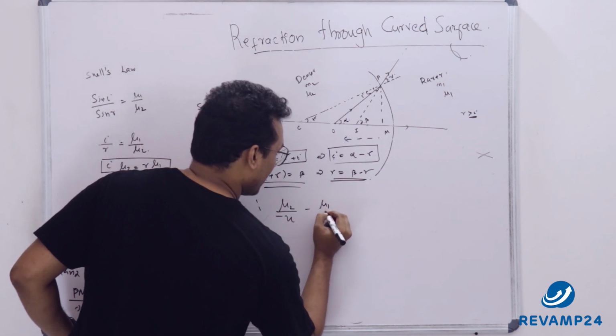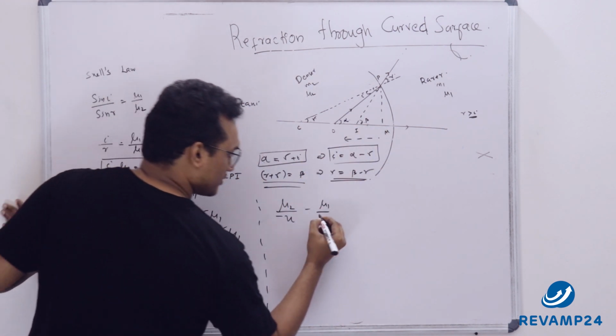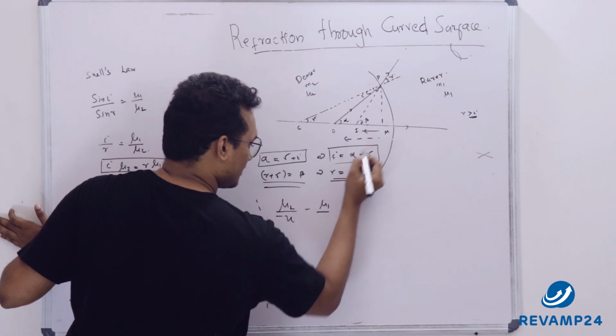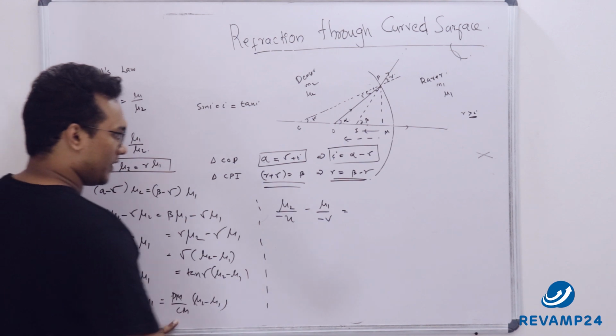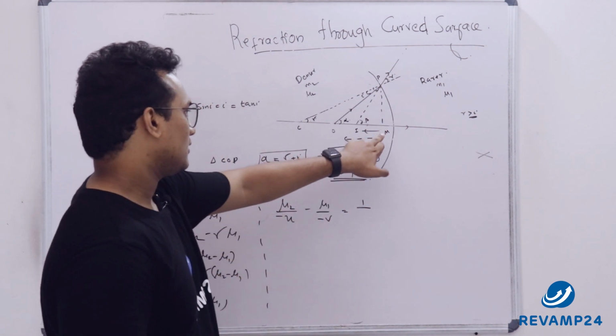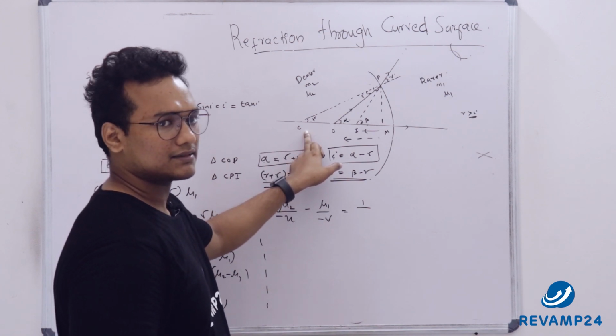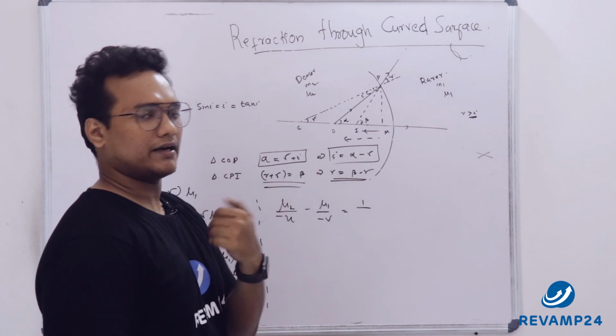Minus mu 1 divided by, what is IM? IM is nothing but image distance. So that is also measured in this direction. So minus V is equal to 1 by CM. Again that is a leftward taken length, and CM is nothing but the radius of curvature.